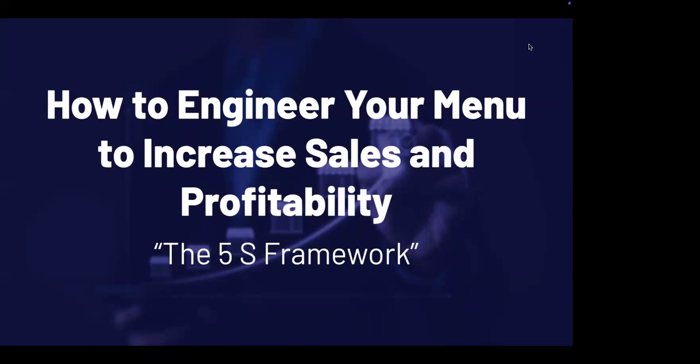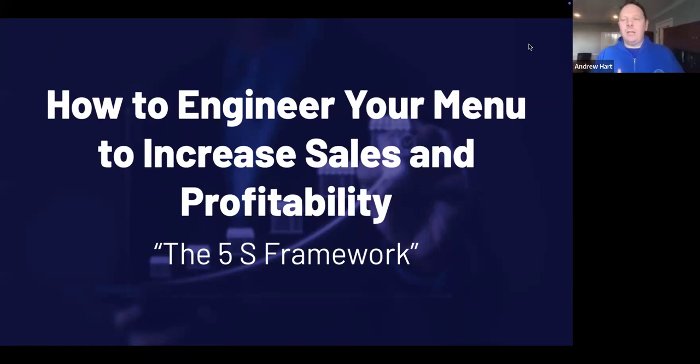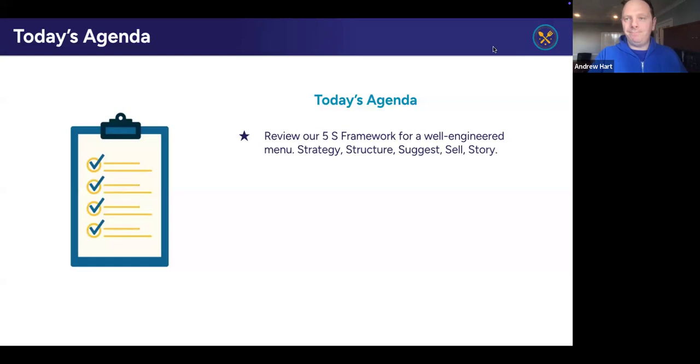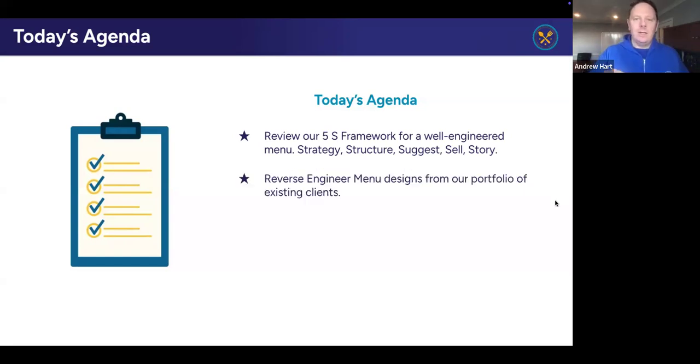Hopefully by the end of this, you'll have some really great ideas that you can take away and use for your restaurant as well. So today's agenda: we're going to go through our 5S framework for a well-engineered menu, which is strategy, structure, suggest, sell, and story. We're going to reverse engineer menu designs from our portfolio of existing clients.